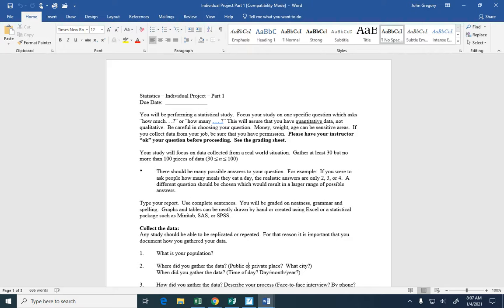How many devices in your household are Wi-Fi compatible? You're talking about iPads. You're talking about TVs now that are Wi-Fi compatible because you have Netflix and all that stuff. iPads, phones, computers, whatever you have. How many Wi-Fi compatible devices do you have in your house? How many rooms do you have in your house?